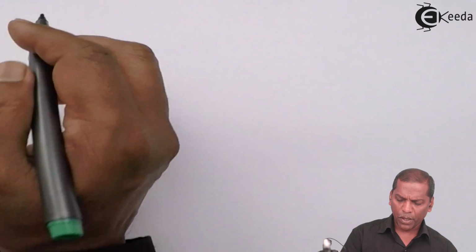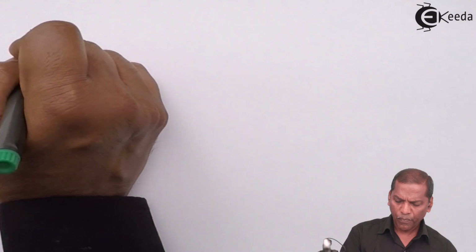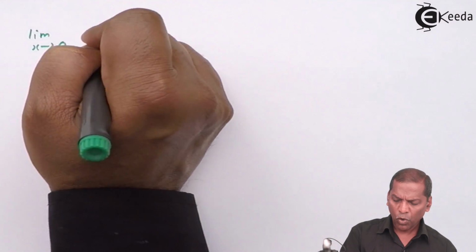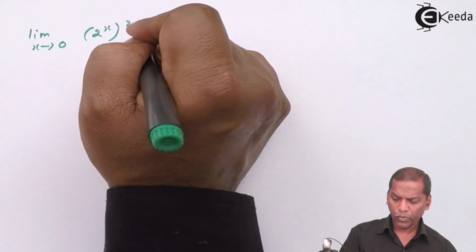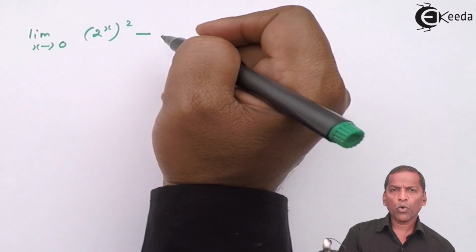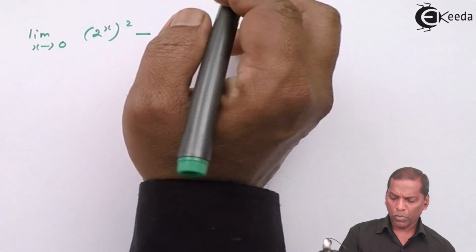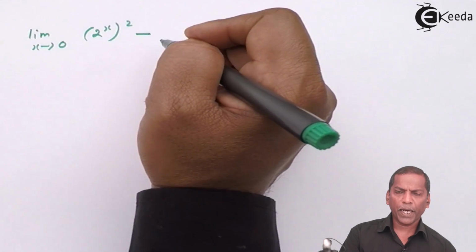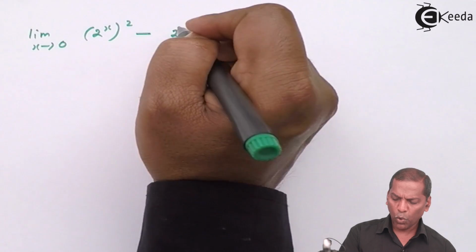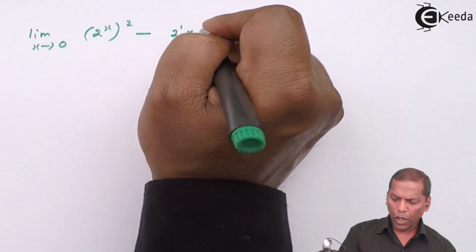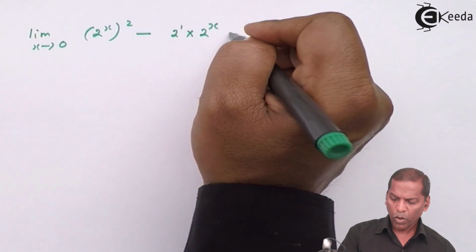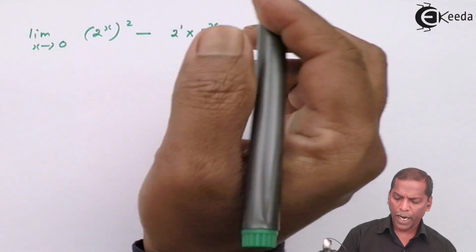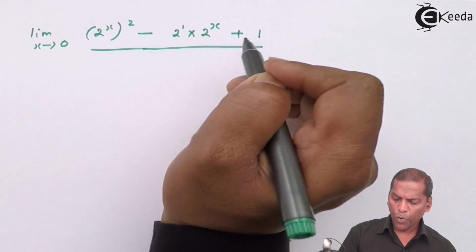Now here 4^x can be written as (2^x) the whole square, minus, now 2^(x+1) can be split as 2^1 into 2^x, plus 1 we write as it is, upon.